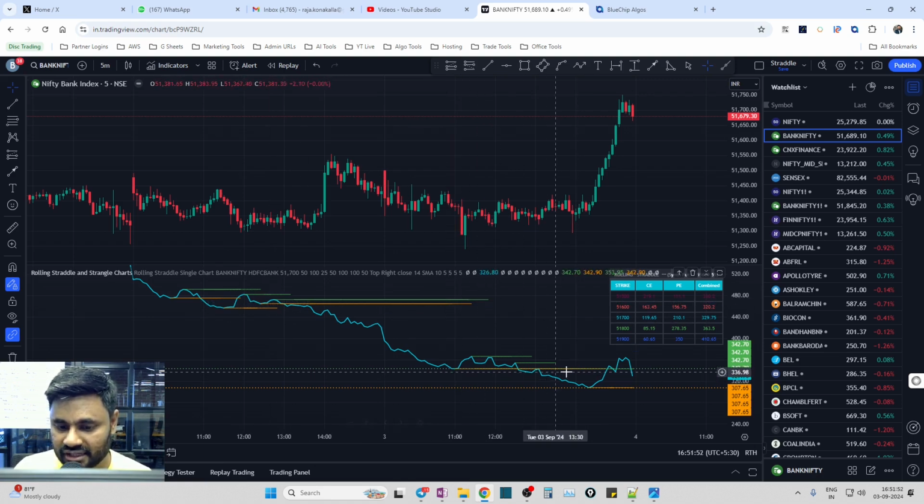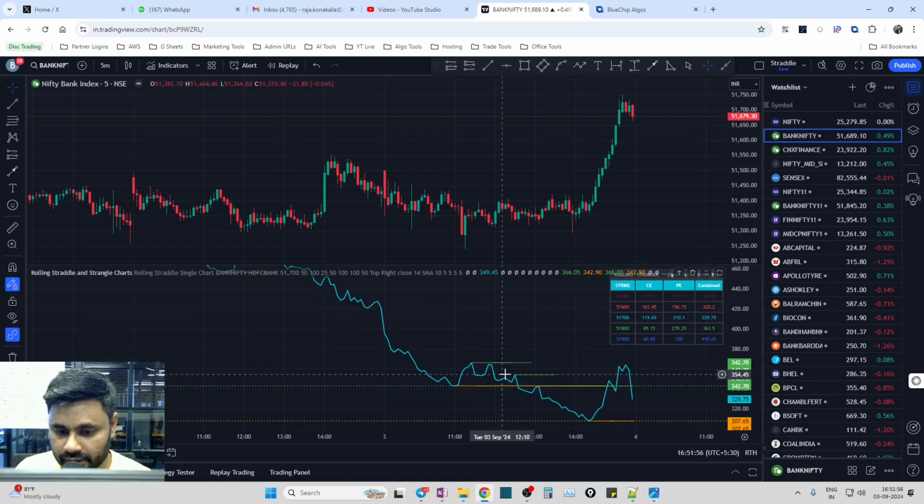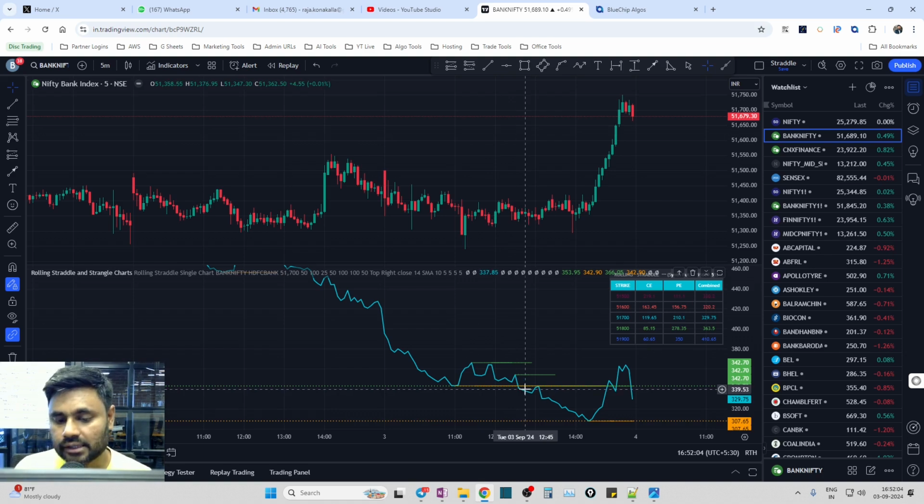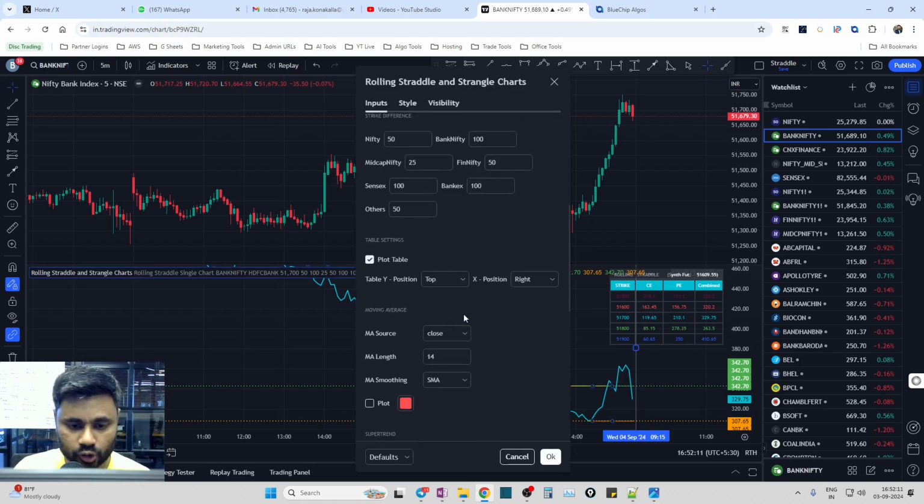When the blue color combined premium straddle line cuts the previous low or previous support zone, that is when I prefer to take an entry. So that's about swing high and low.